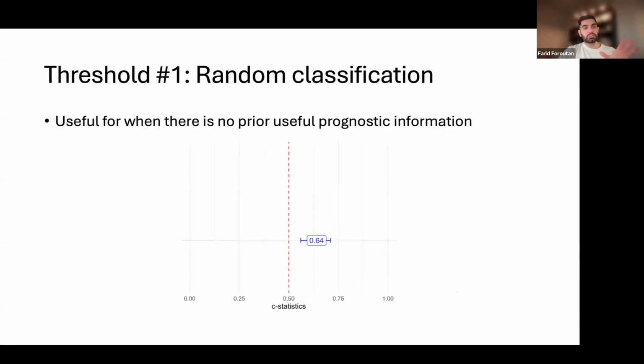If you use that first target of certainty rating, which is just random classification, 0.5, that's what this dashed line represents on this graph. Again, on the x-axis, we have the different measures of C-statistic, different measures of discrimination. We have the pooled estimate from the meta-analysis here, the 0.64 with its confidence intervals.